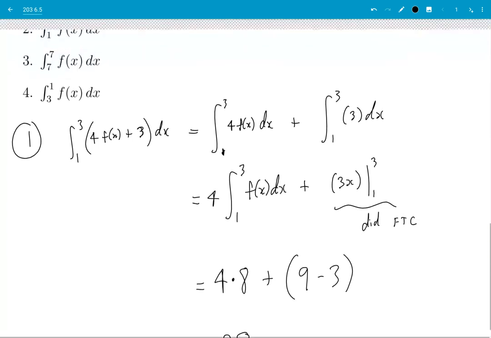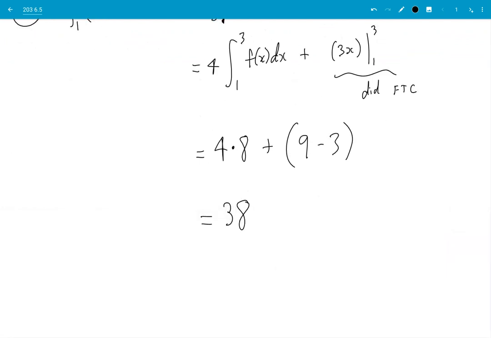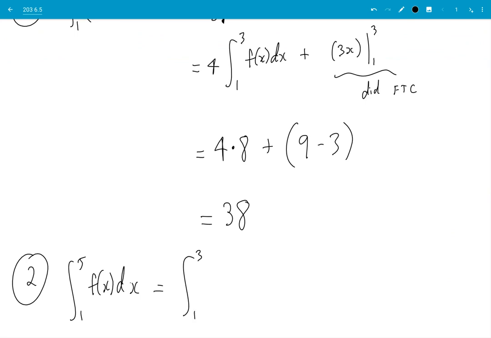Number 2, what is 2 asking for? The integral from 1 to 5 of f of x dx. So here's where I'll break this. Okay, 1 to 5. So I can go 1 to 3, right?